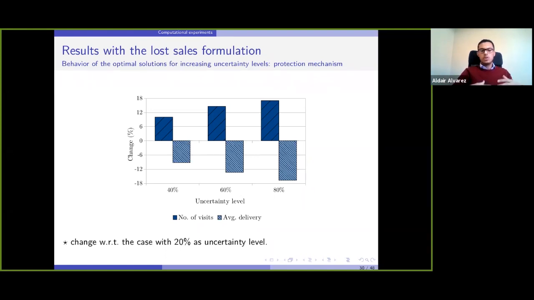You think, okay, I don't know what's going to happen with my supply and my demand, so I want to visit more customers, and if I have enough product to deliver to my customers, then I go and visit. Otherwise, I just plan those visits and they are not used. So that's the protection mechanism for increasing uncertainty levels.